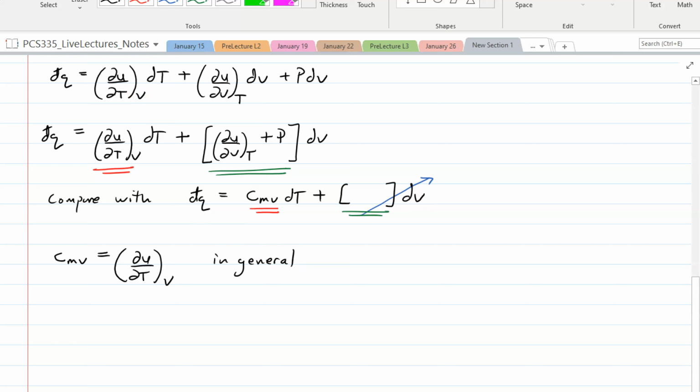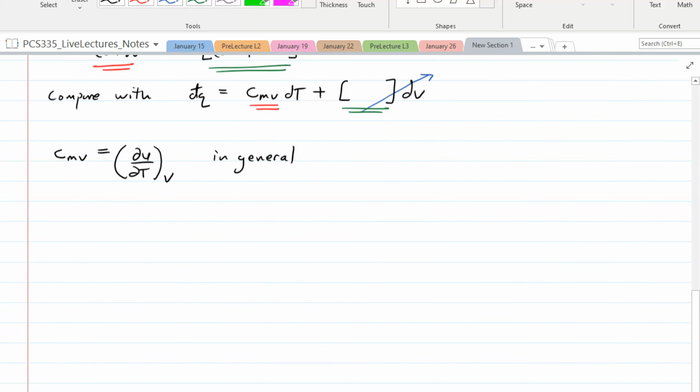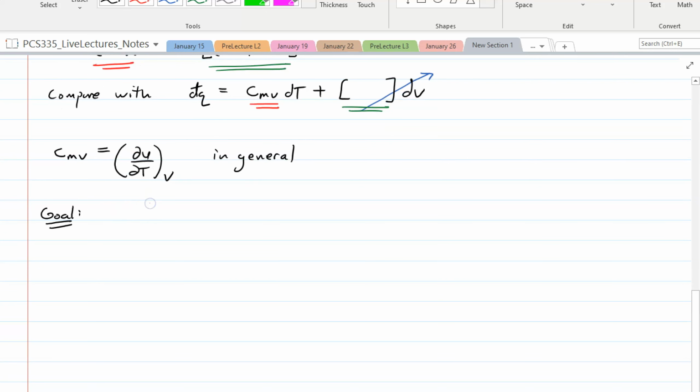Now what I want to do is determine CMP. So my goal here is to determine the molar specific heat CMP at constant pressure. To do this, I need an equation that looks like this: dq is equal to something times dt plus something else times dp.